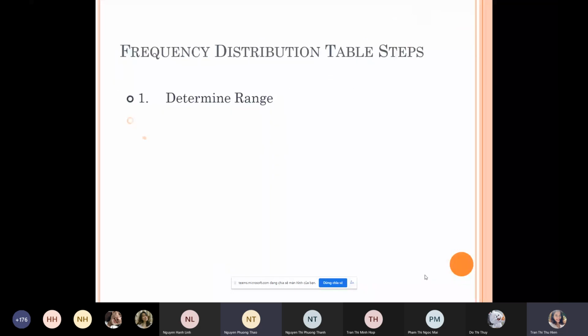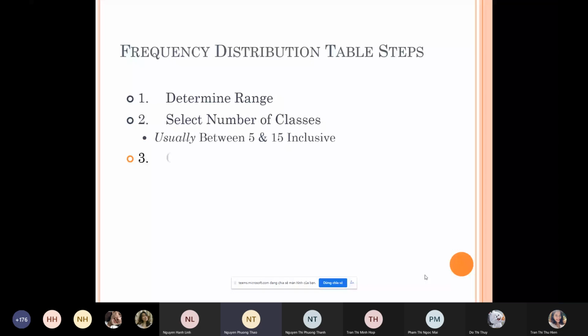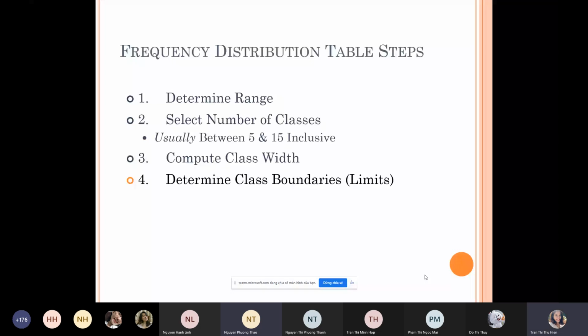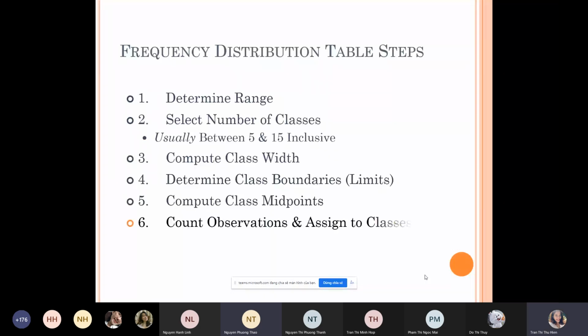You select the number of classes, compute class grade, determine class bounded, compute class midpoint, count observations, and assign to class. These are the steps to graph the frequency distribution table based on the data for quantitative data.